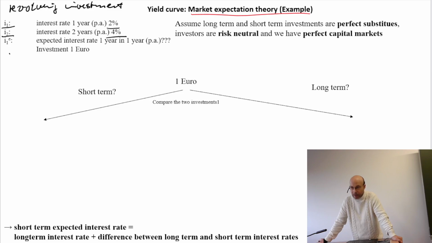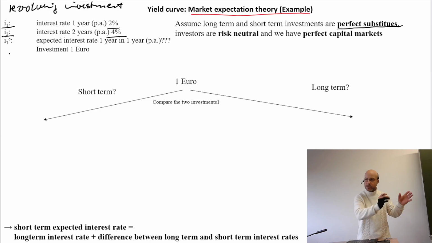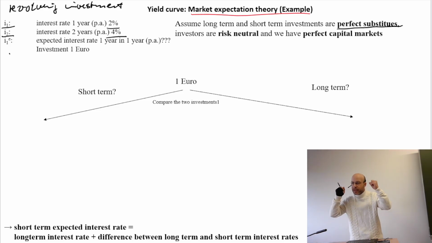So now we make our hard assumptions, and the first one should be that short-term investment and long-term investment are perfect substitutes. Perfect substitutes, you know also, I think, from your business administration courses, microeconomic theory, and so on. This just means I'm not thinking about which good I have.